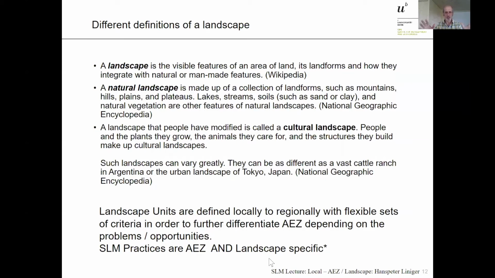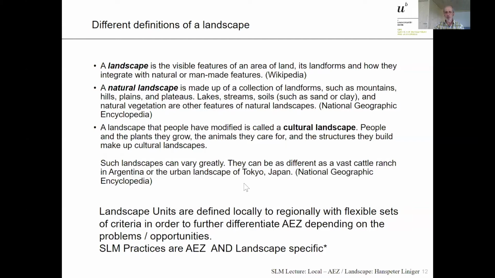They have larger units. They are done at the global to national level. Whereas landscape, that's when you're standing in the field and you are visually assessing and further differentiating your land depending on some criteria that wherever you are seem to be important. So the set of criteria for landscape is not everywhere the same. You define it when you're working in a certain landscape.